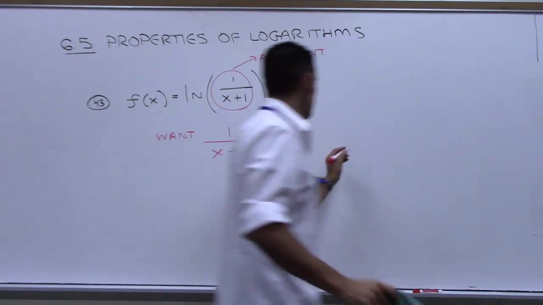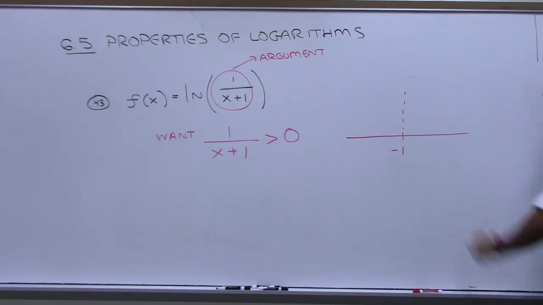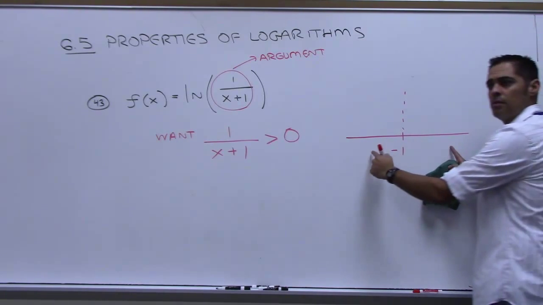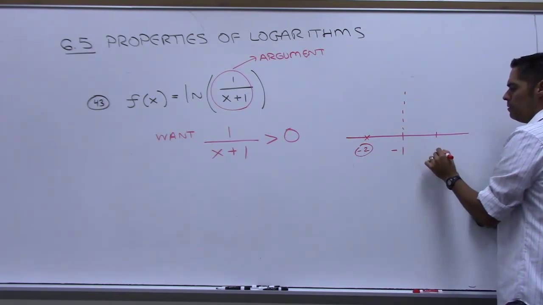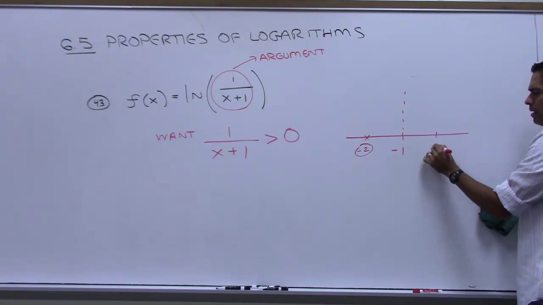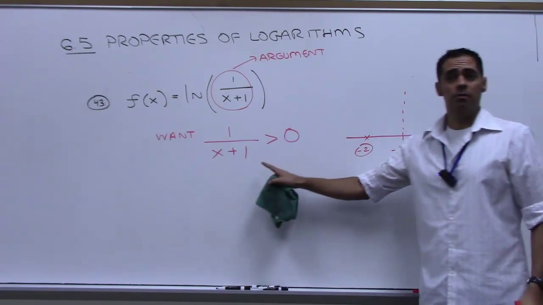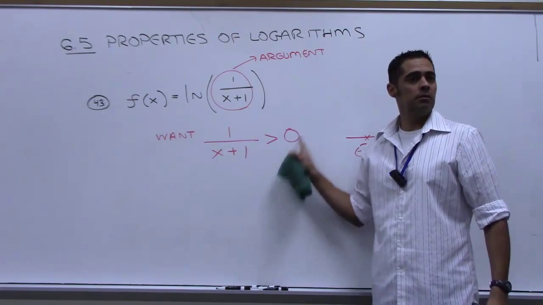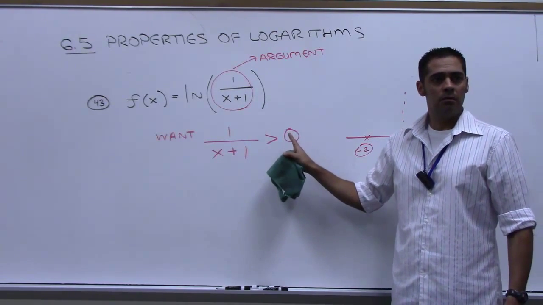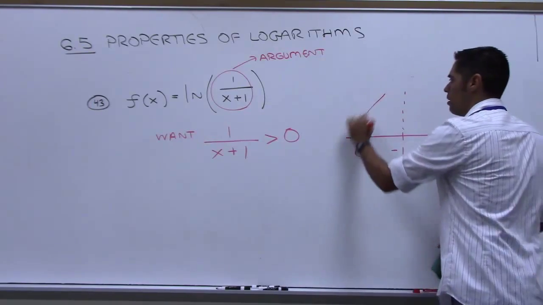Negative 1. And then what we did is we put that negative 1 on the number line. Is it looking familiar? We picked test points. Negative 2 and what? 1? Okay, 1's fine. We plug these in and see if they're true. So if I put negative 2 in here, will this work? No, right? I'll get a negative number on this side. The negative number is not bigger than 0. So nothing over here works.